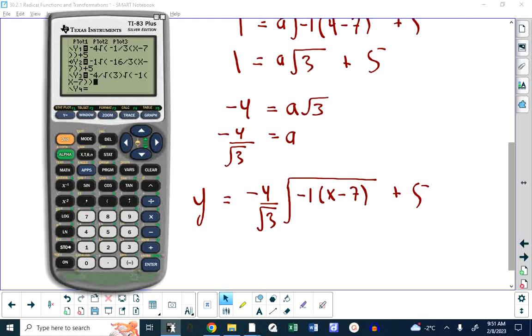Close the brackets on the function, plus 5. And what can I do here? Let's make this thick. I want to double check to make sure I've entered it correctly. I know on my calculator it doesn't really look like it's divided by root 3, but it is. Looks okay.